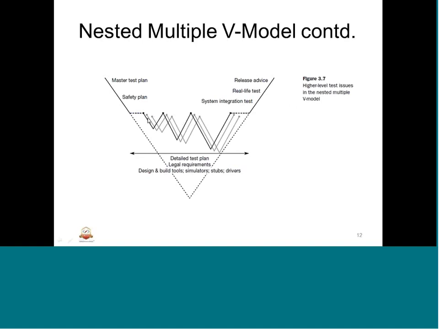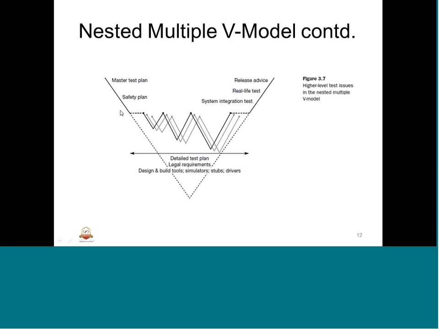So as an example, you can see that each V at a system level or component level is replicated again 3 times. So high level test issues in the nested multiple V model as an example is taken care of here. That means we have a master test plan, safety plan, we have release applicable for all this as a bigger V model.